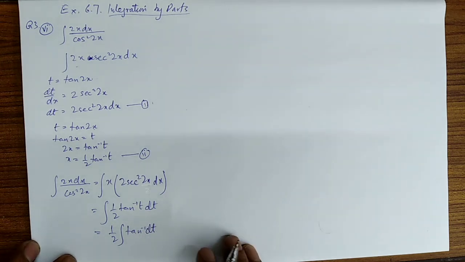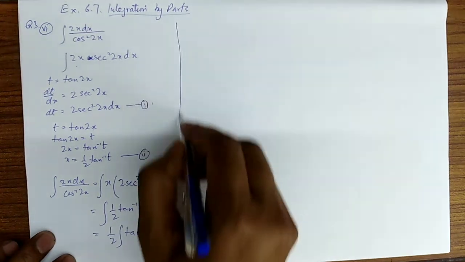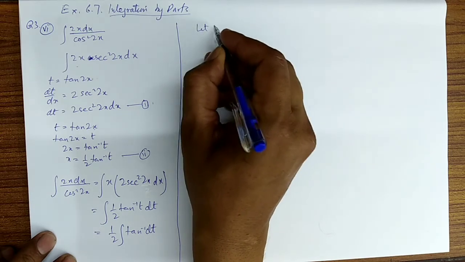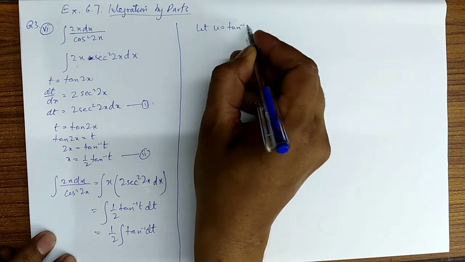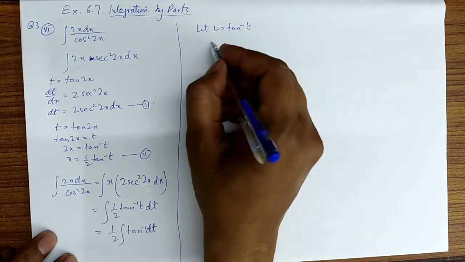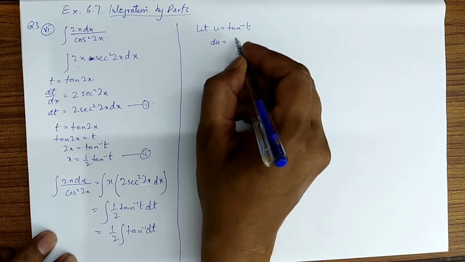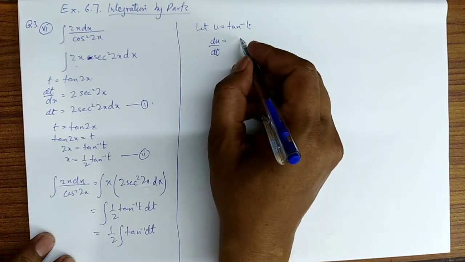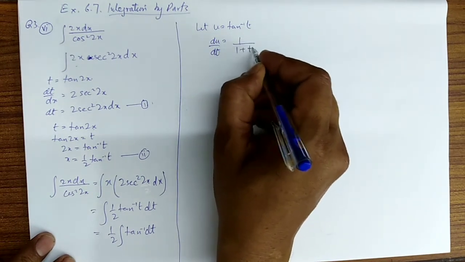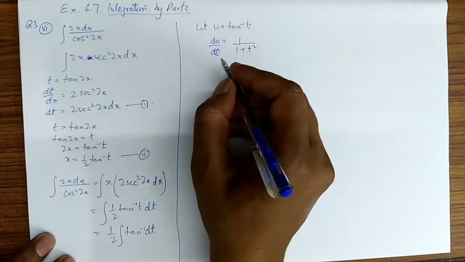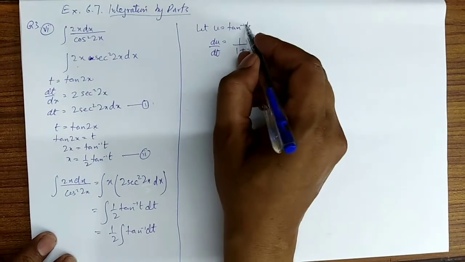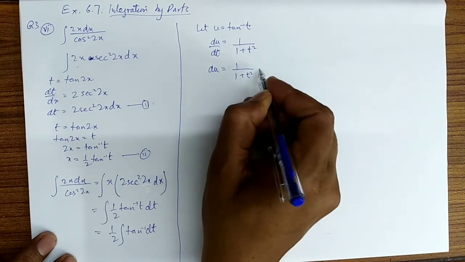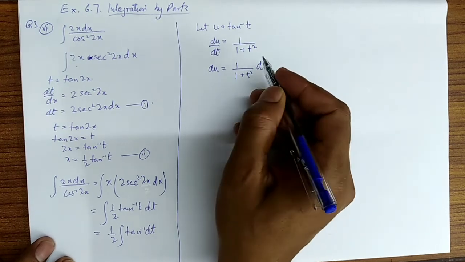So now we can consider, let u equals tan inverse of t, and du upon dt is 1 upon 1 plus t square, which is the derivative of tan inverse of t, and du equals 1 upon 1 plus t square dt, right?